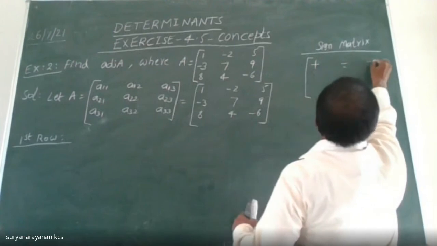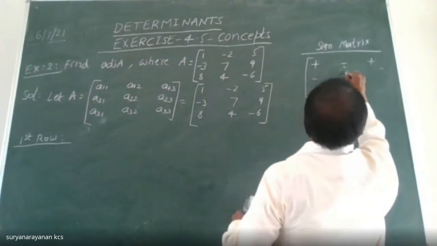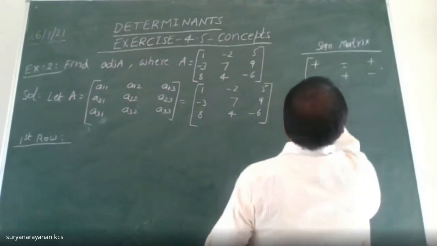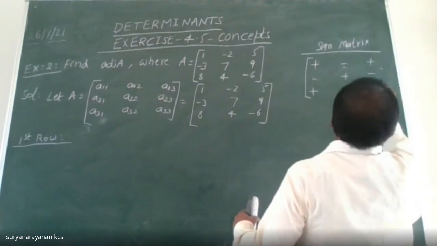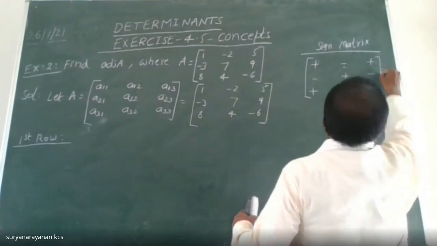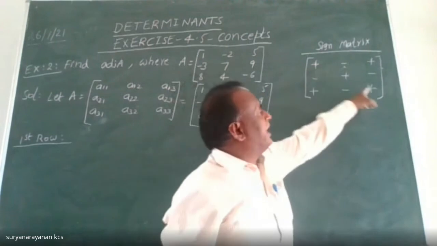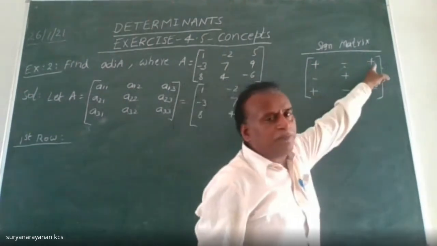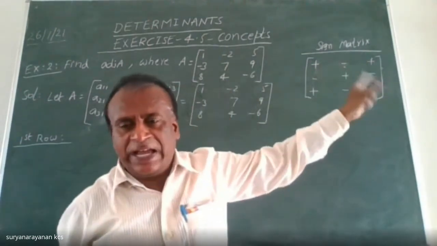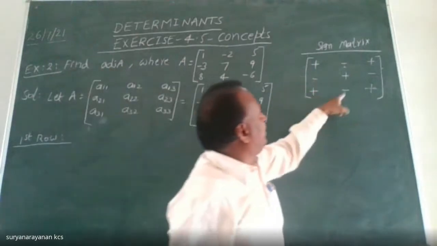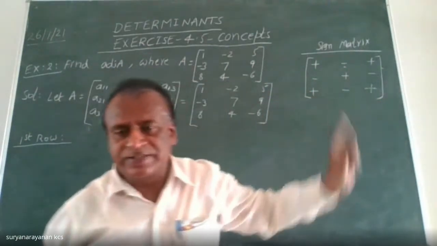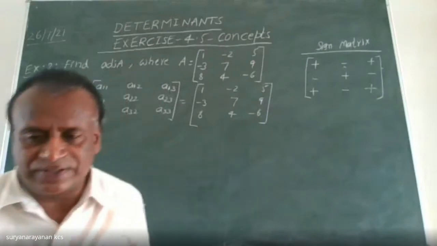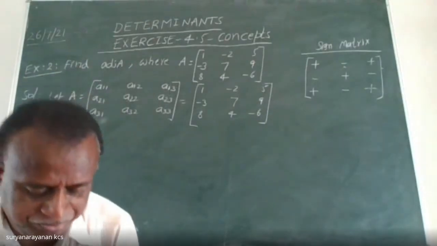Plus, minus, plus, minus, plus, minus, plus, minus, plus. In this diagonal plus and in this diagonal also plus. In both diagonals plus sign, in the remaining places minus.